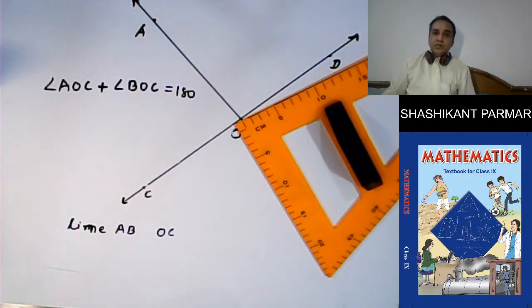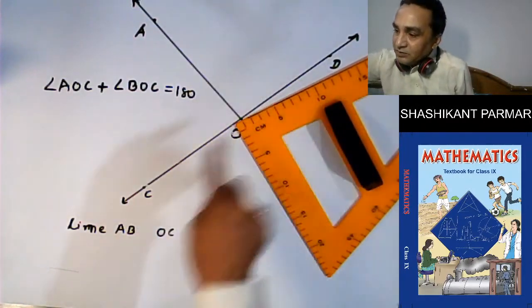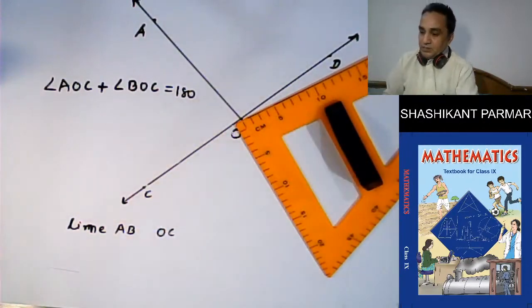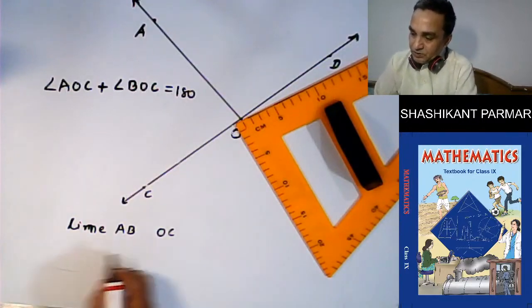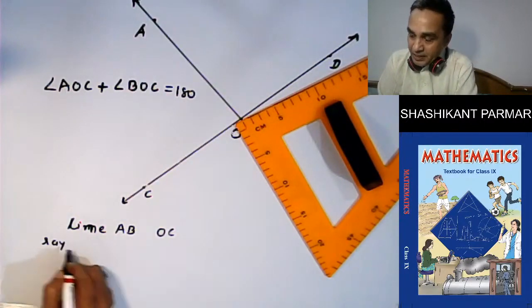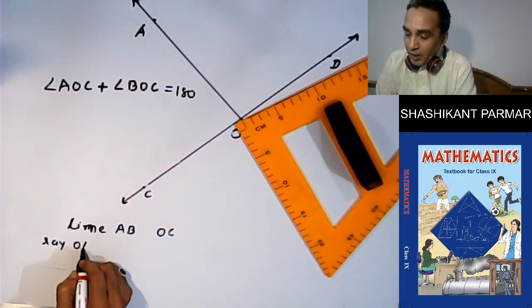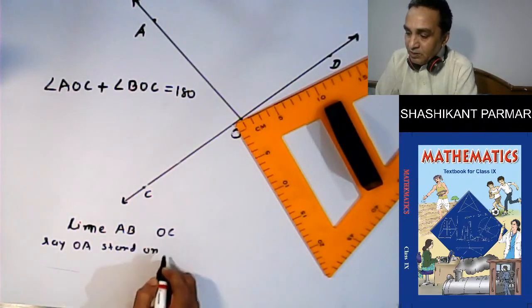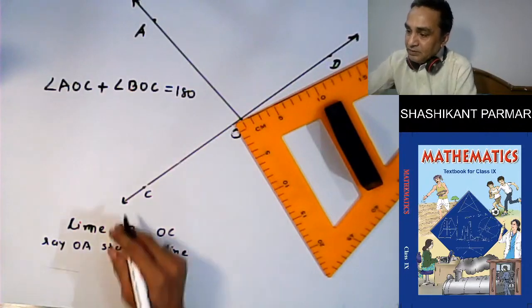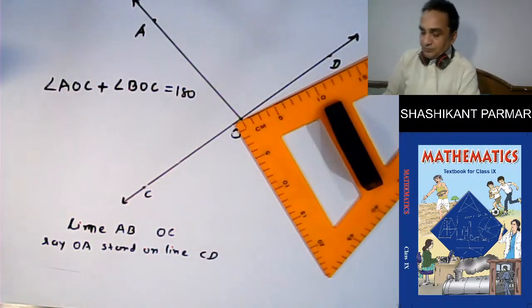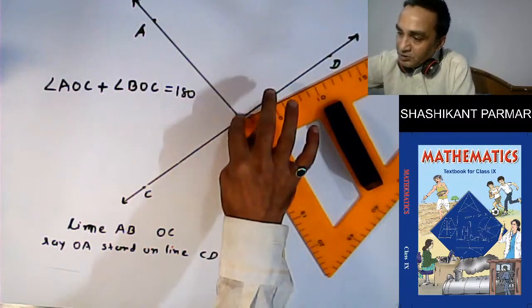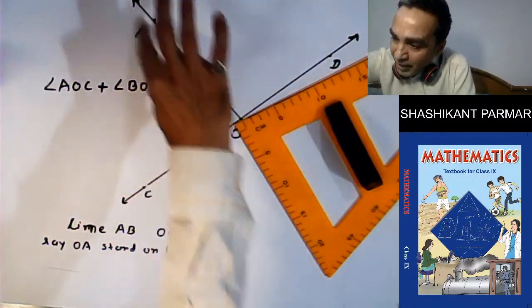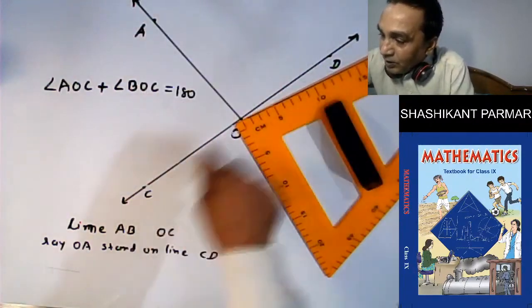Now see here, on line CD, ray OA stands on line CD.